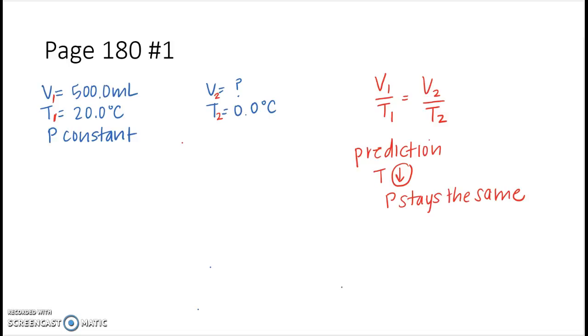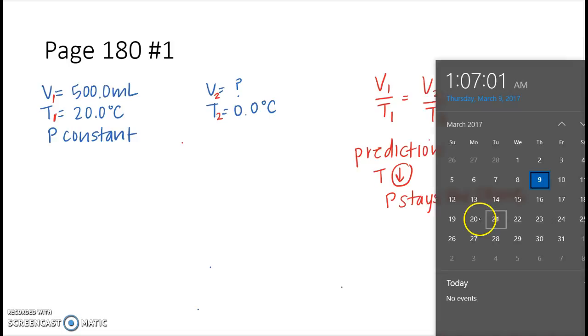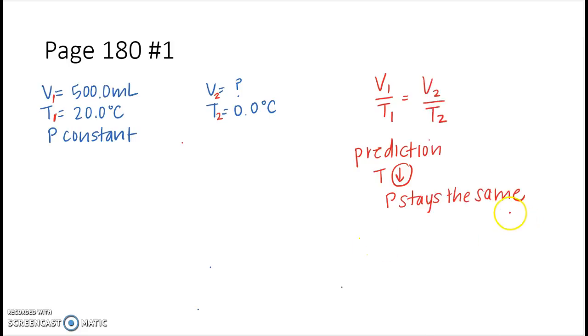So these slower moving gas particles still need to hit the walls of the container at the same rate. So what needs to happen to the size of the container? If I'm moving slower but I need to hit the walls at the same rate, then my volume needs to go down as well. So our number better be less than 500 milliliters.